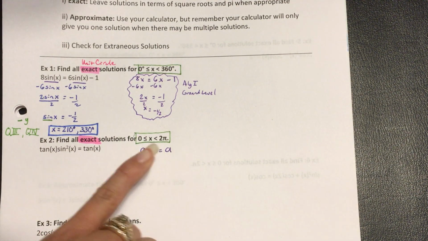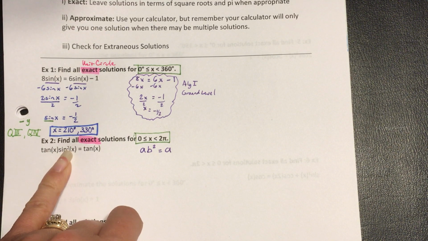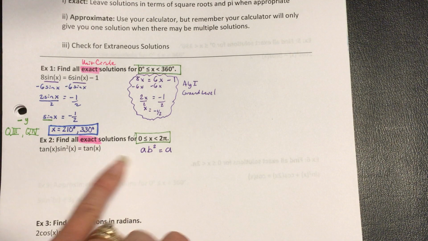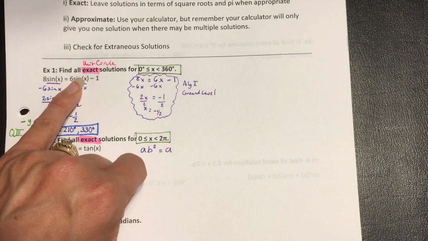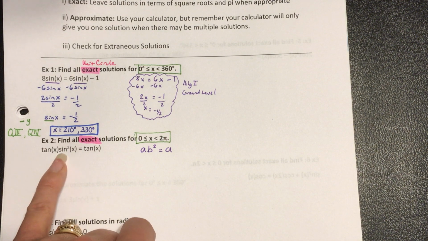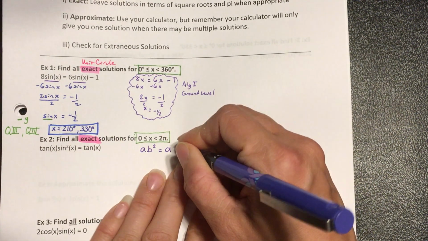So why have I set it up like this? Because since I have two different trig functions, I thus have two different variables. So unlike here where it was sine x and sine x, so I just replaced it with x and x, I have tangent x and sine squared x, so I used two different variables.